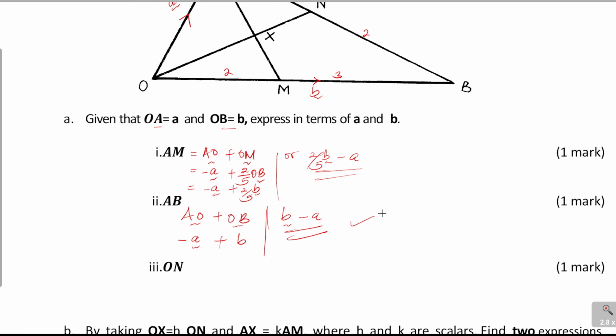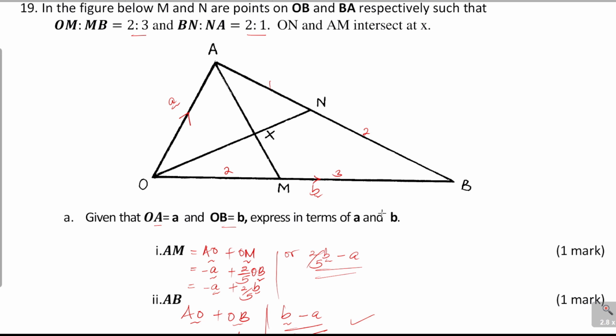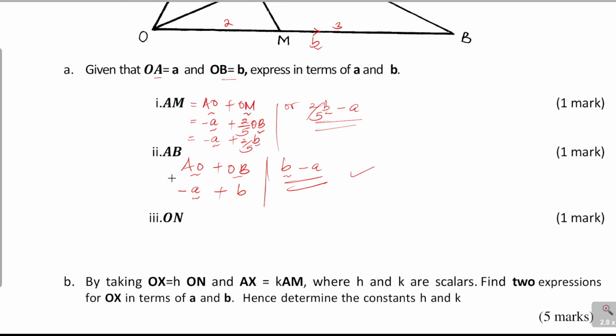Then now you get the other vector, ON. So you want to move from O to N. Which route do you follow? Move from O to A, then A to N. So ON is equal to OA plus AN.